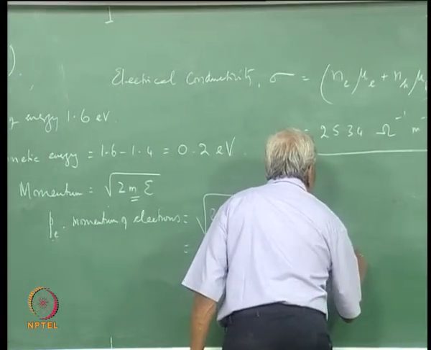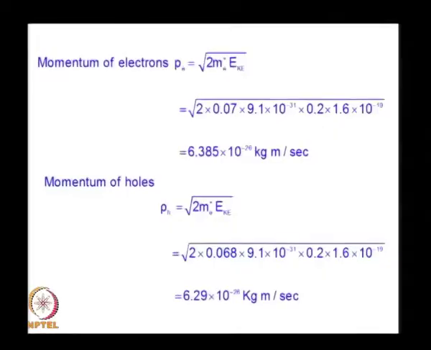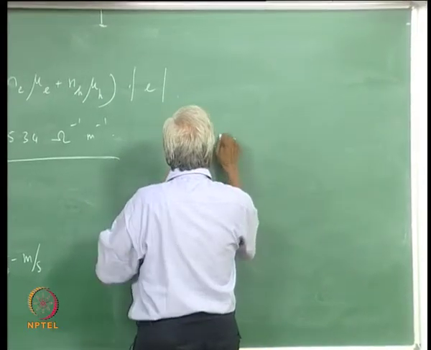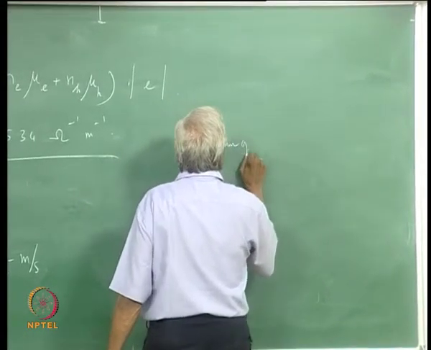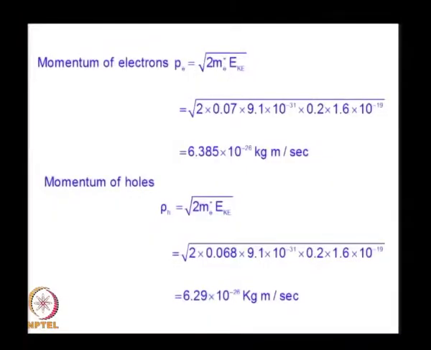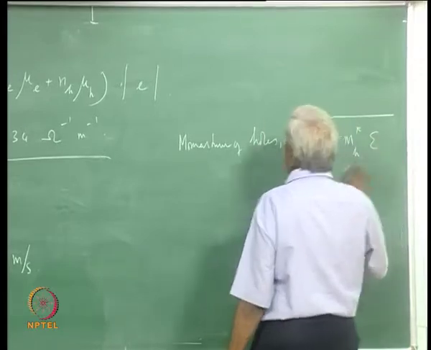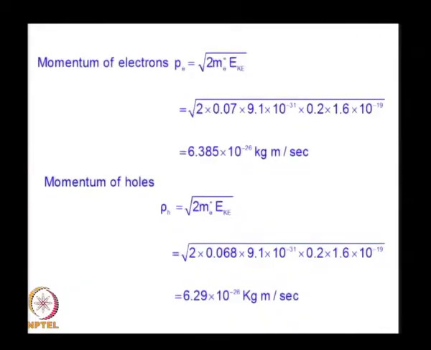Momentum, kilogram meter per second. Proceeding in the same way, we get the momentum of holes equal to m h star E, where this is the effective mass of the holes.